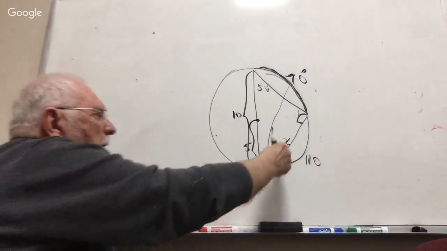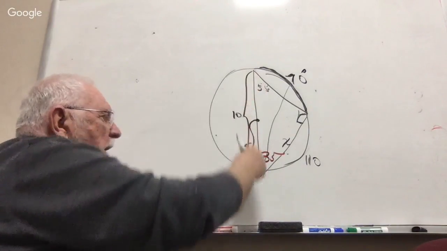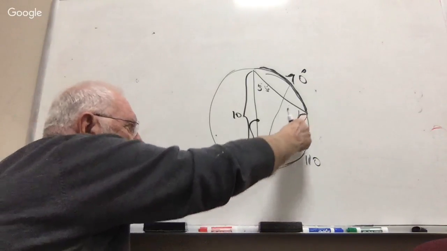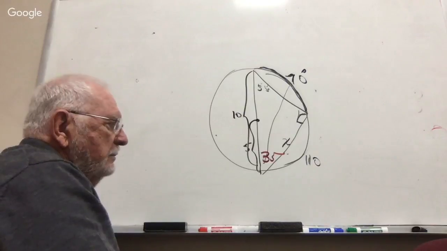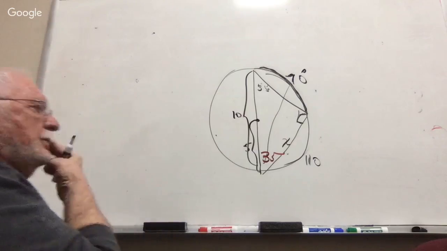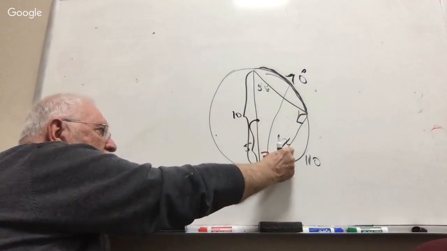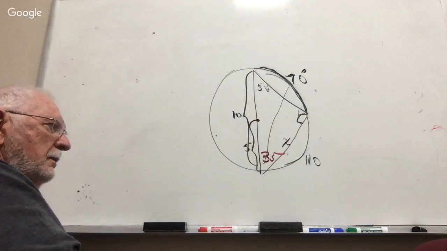So if I take this angle, this side's the hypotenuse, right? Yeah. And this is the side adjacent. Oh, okay. So what is the trig function that has the side adjacent and the hypotenuse? Cosine.